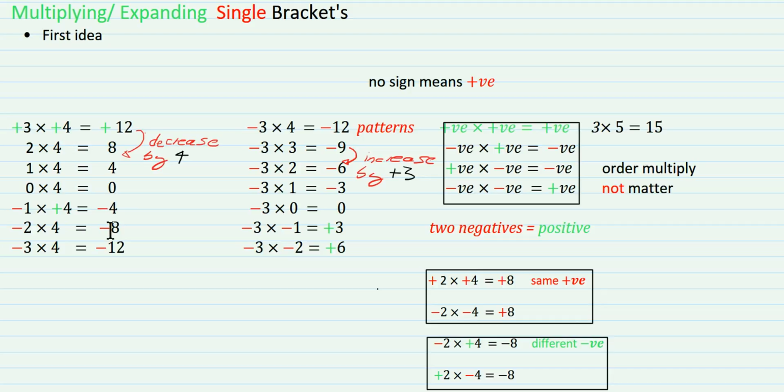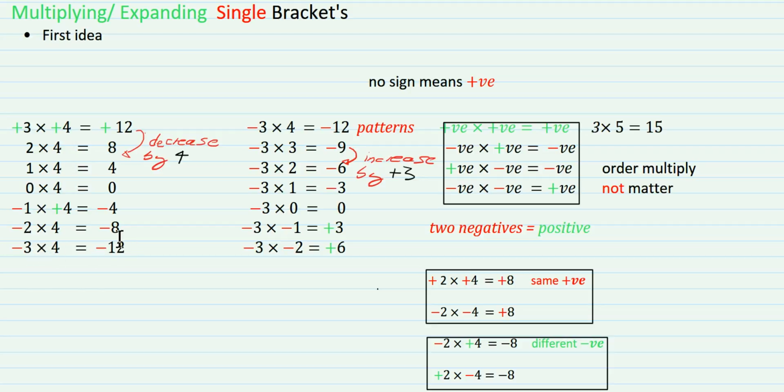The next number will be 4 less than minus 4, which is minus 8. So minus 2, yeah? So 1 take away 1 is minus 2. Minus 2 times 4 is minus 8, yeah? And minus 3 times 4 is minus 12.